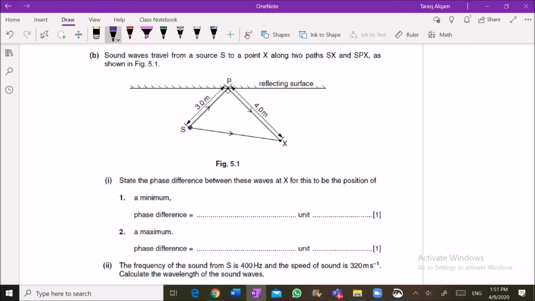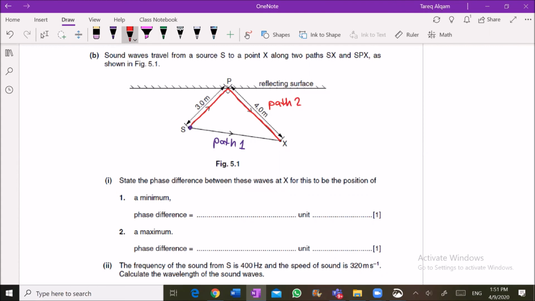Path 1 is the direct path SX, and path 2 goes through SP, reflected to X. Please pay attention to the screen. This is path 1, this is path 2. Any question, guys?